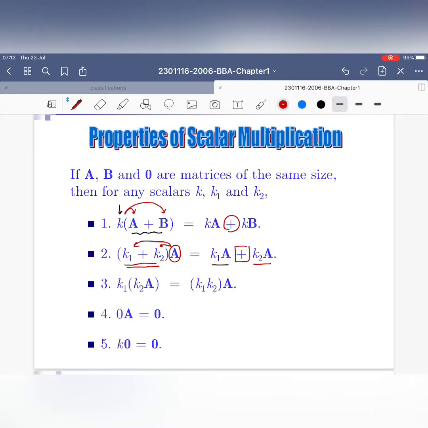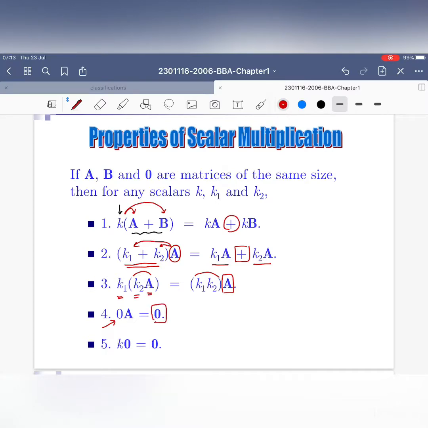If you have K1 and K2 multiplied to the matrix A, you can do K2 and A first, or you can do K1 and K2 as scalars first and multiply that one scalar to A. Of course, as we did in the example, if you have a scalar 0 multiplied by a matrix A, you obtain a 0 matrix.